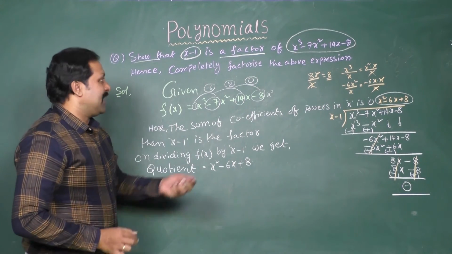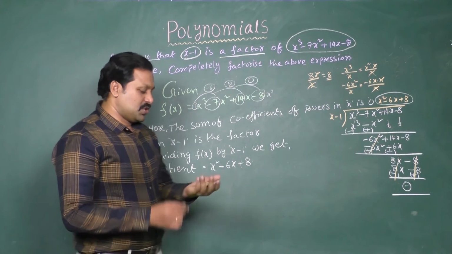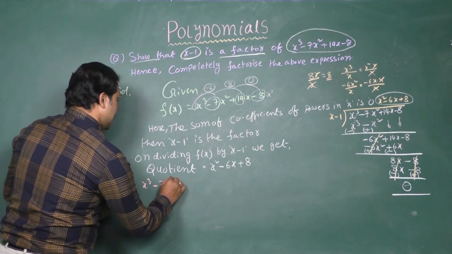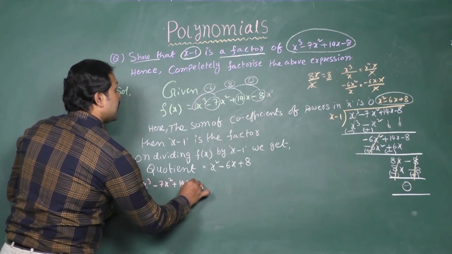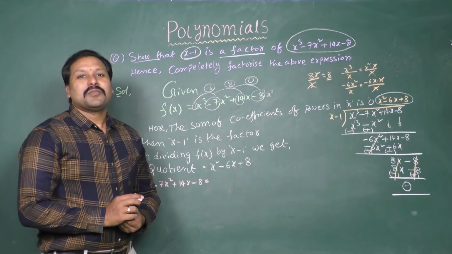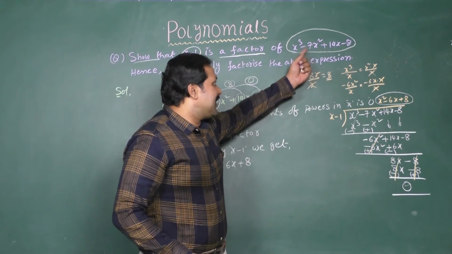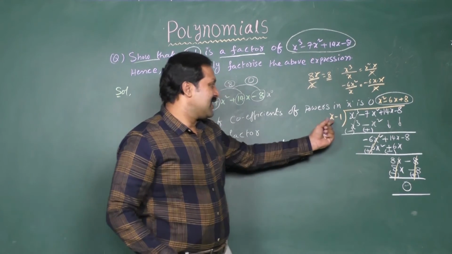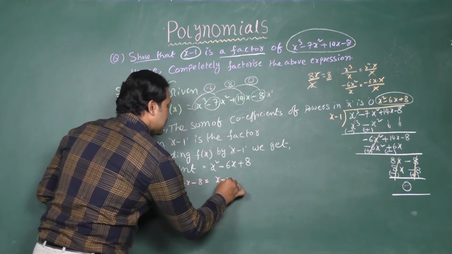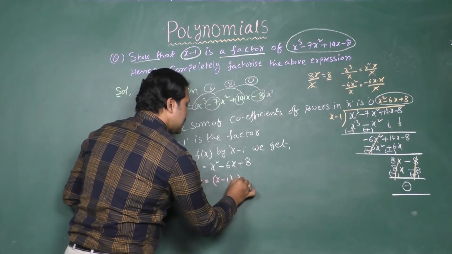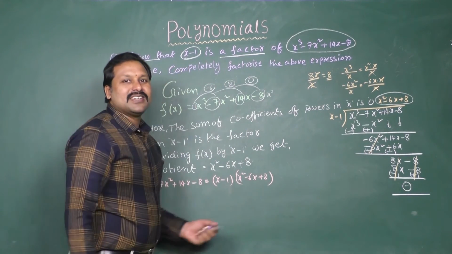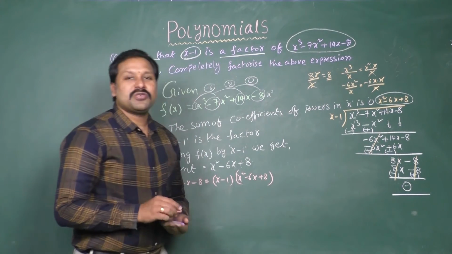Now consider the given polynomial expression x cube minus 7x square plus 14x minus 8 equal to, by the division principle, dividend is equal to divisor into quotient plus remainder. The divisor is x minus 1, the quotient is x square minus 6x plus 8, plus the remainder. The remainder is 0, so there is no need to write it here.